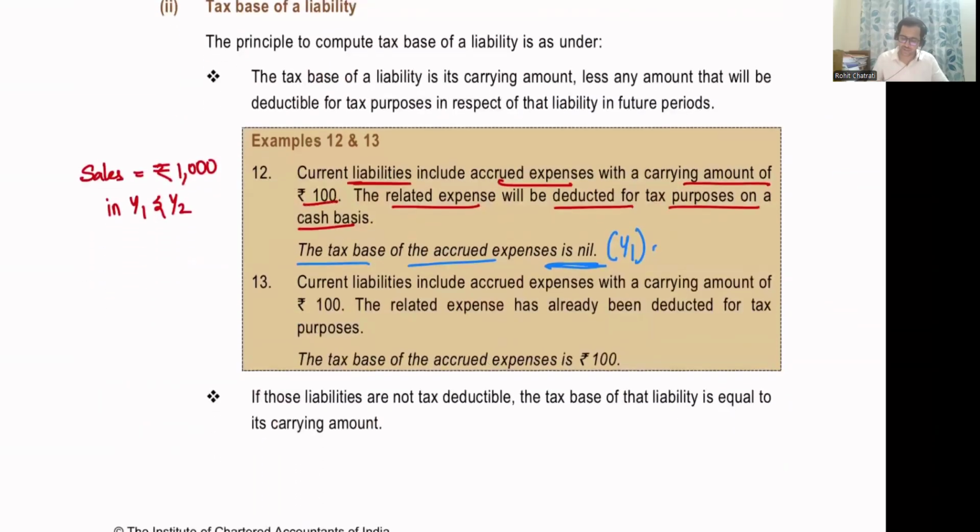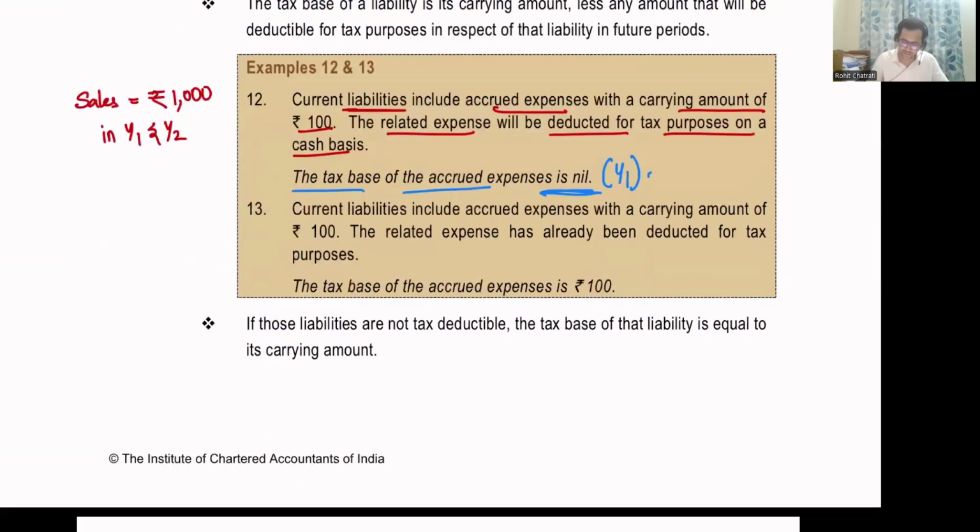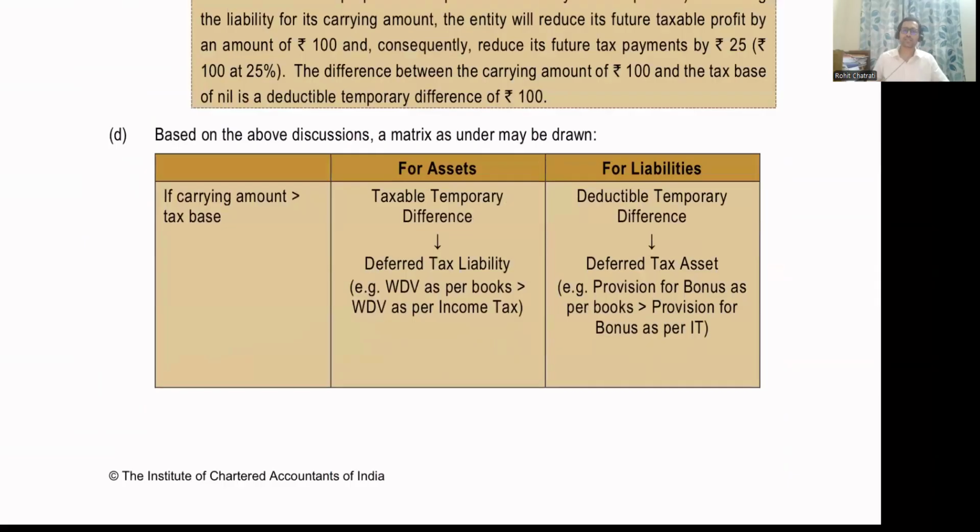Before we end this lecture, I would like to show you a snippet. Now, if you look at this snippet, what it says is for assets, if the carrying amount is greater than tax base, the temporary difference is a positive value. A positive value represents that I will have to pay taxes in future.